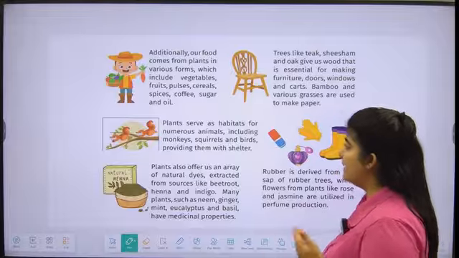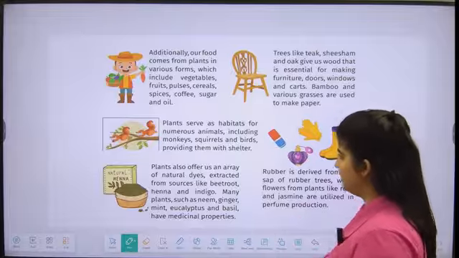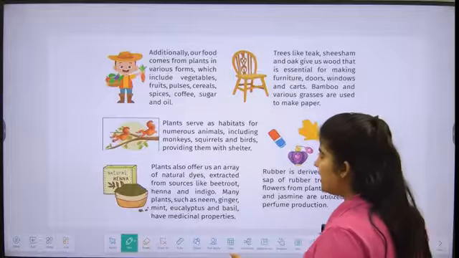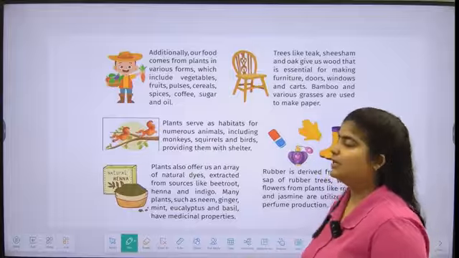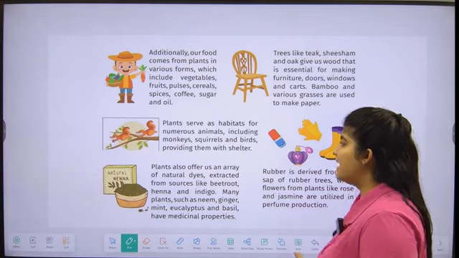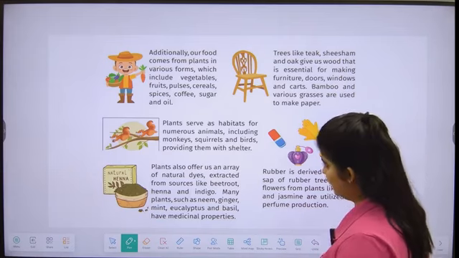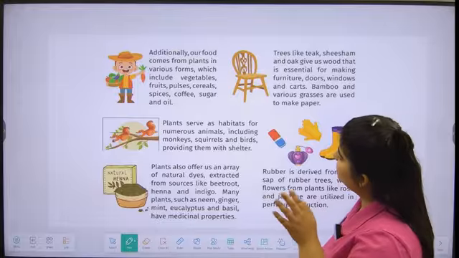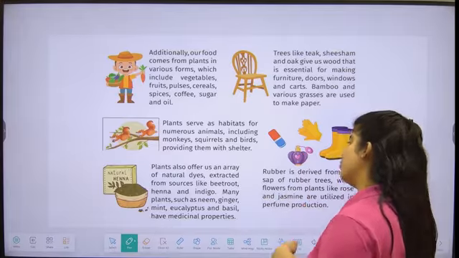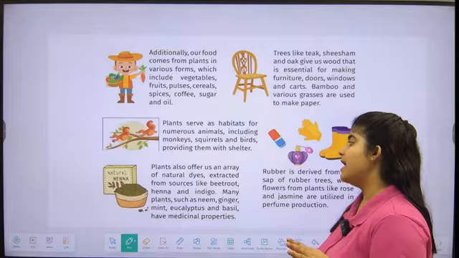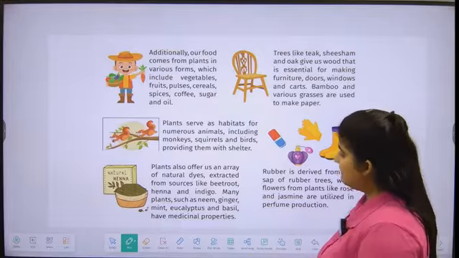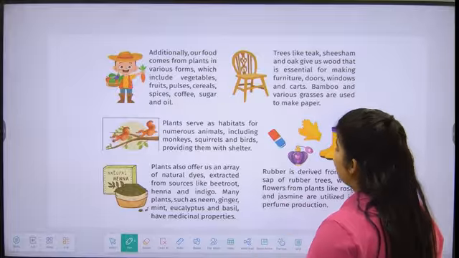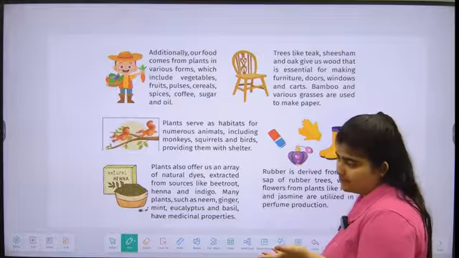Plants serve as habitats for numerous animals. Plants are homes for animals too, like squirrels, birds, pandas, right? Providing them with shelter. Plants also offer an array of natural dyes extracted from sources like beetroot, henna, and indigo. Many plants such as neem, ginger, mint, eucalyptus, and basil have medicinal properties.